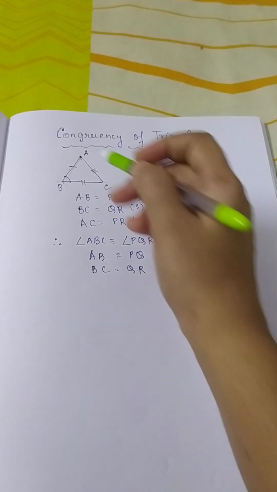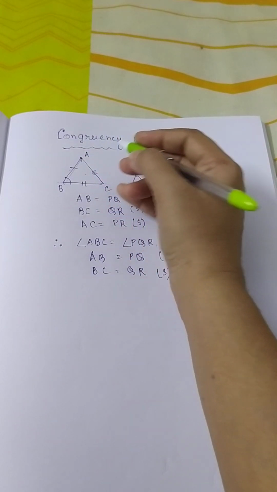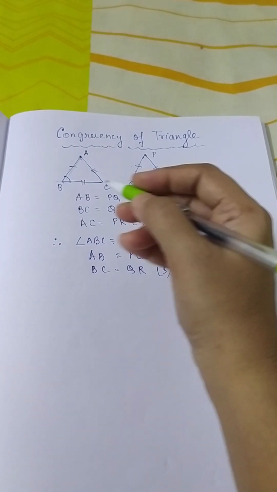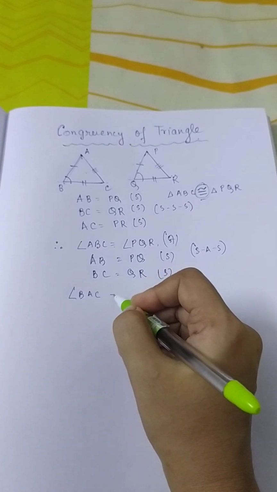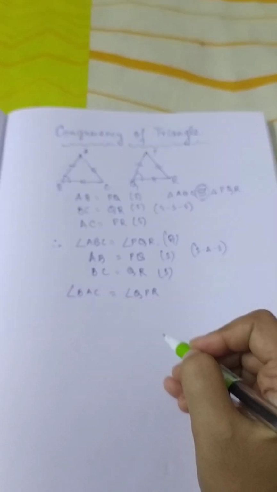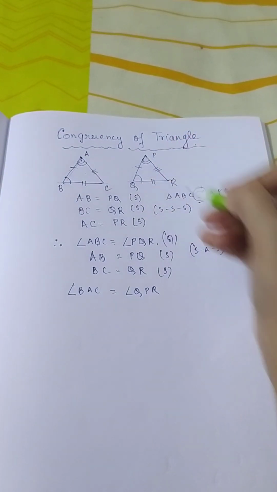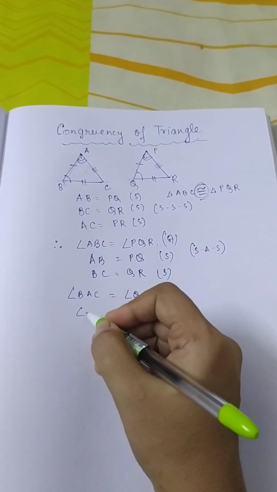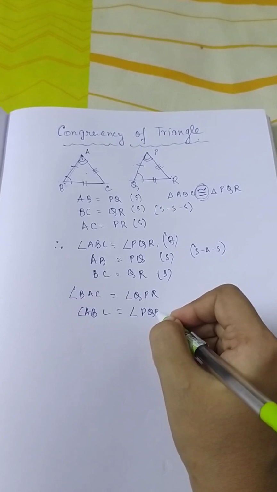Sometimes it happens that two angles and one side are equal. In that case also we can tell that these two triangles are congruent. Suppose angle BAC is equal to angle QPR, BAC means this angle and QPR means this angle, and again angle ABC is equal to angle PQR.